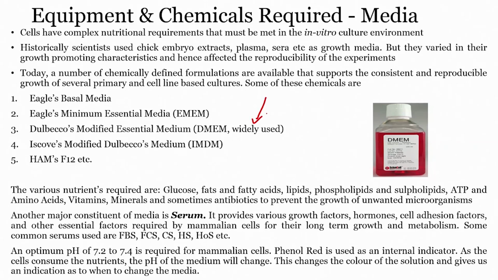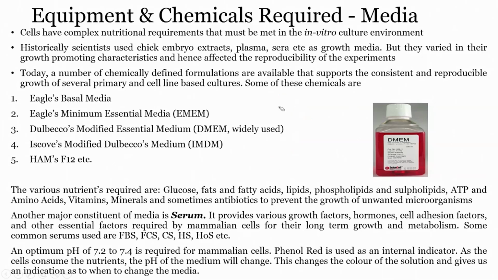Generally in the laboratory you will find DMEM, Iscove's modified Dulbecco's medium IMDM, and finally there is Ham's F12 media. There are several other media, but these are the most frequently used. Among these, DMEM is widely used.